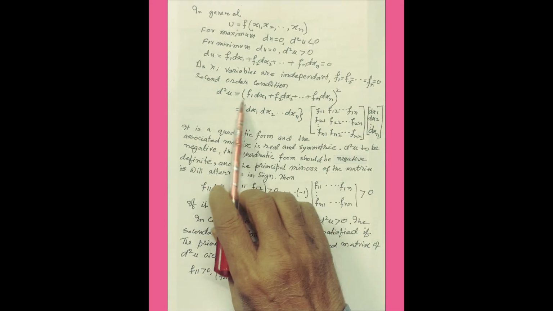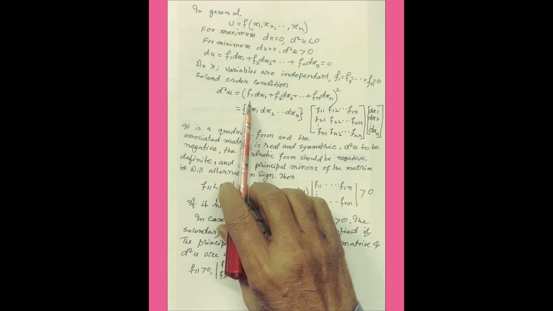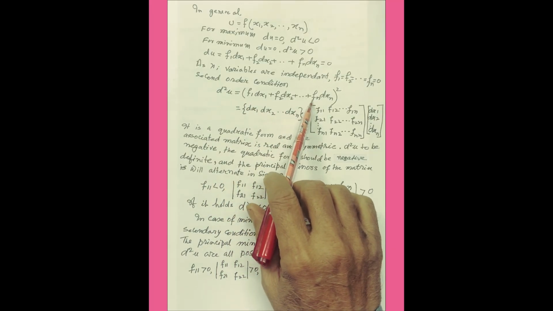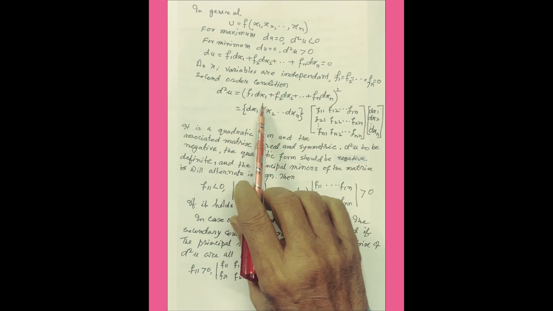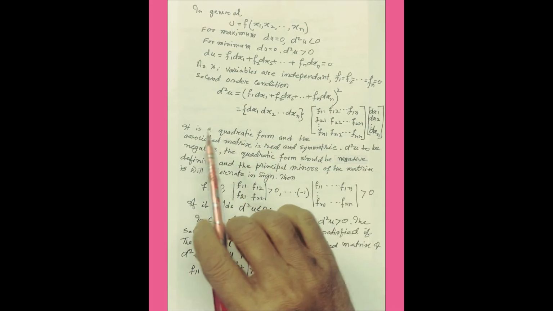Then second order condition, d square u, is (f1 dx1 plus f2 dx2 plus so on plus fn dxn) squared. So this is du, square is d square u.